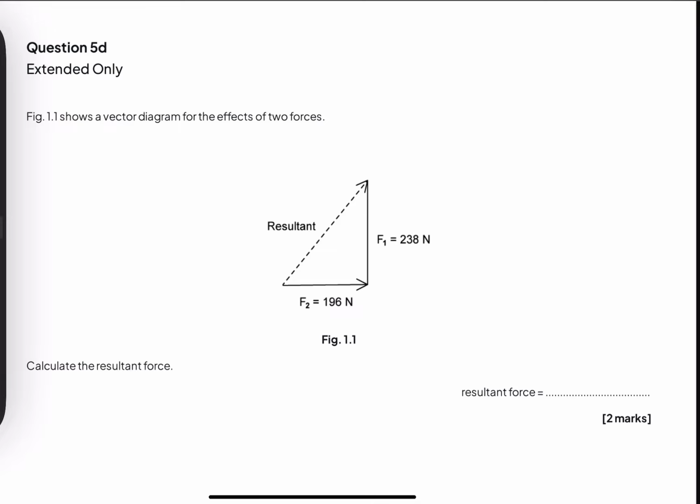5d shows a vector diagram for the effect of two forces. Calculate the resultant. Okay, so there are two forces, basically two vectors. One is f1 and the second one is f2. f1 is in the y direction, and this one is in the x direction. So both are perpendicular to each other. We have to use the same relation that we have used before.